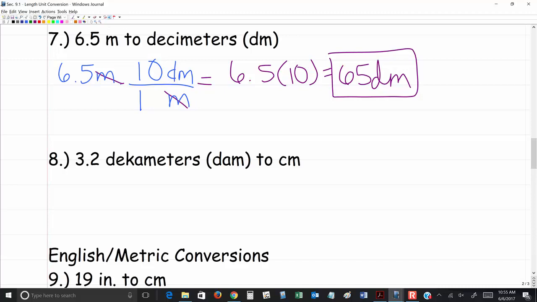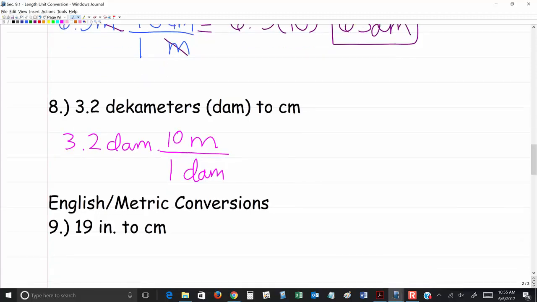All right, and number 8, we have 3.2 decameters. So the abbreviation for that is DAM for decameter, so that's the big one. Okay, and then on the next fraction, I put decameters on the bottom. So one decameter is equal to 10 meters. All right, so that's what I mean when I say I like to refer back to that basic unit.